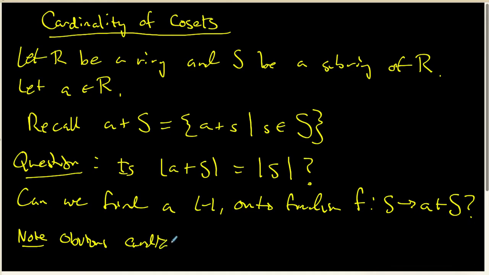The obvious candidate for this particular function is to simply let f of little s be a plus little s for every single little s inside capital S. Obviously, this is a function. It takes one particular element inside the subring to the element a plus s. And so the real question is whether or not this f is one-to-one and onto.